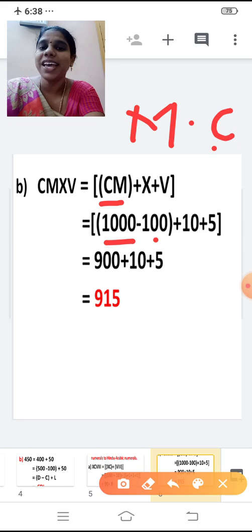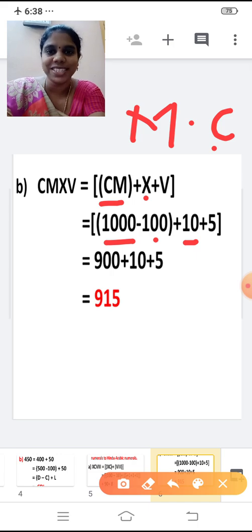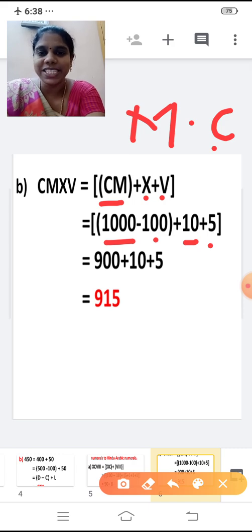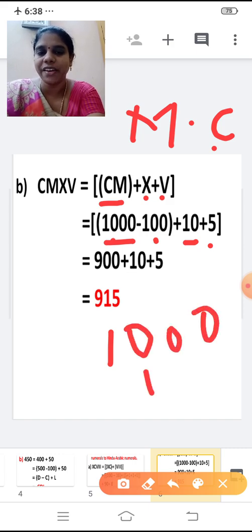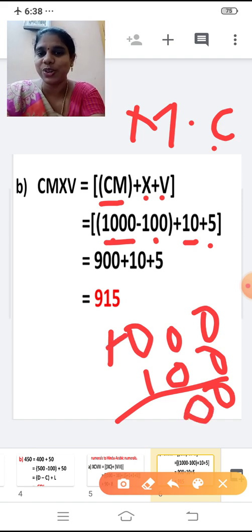M minus C is 1000 minus 100, plus, what is the value for X? 10, plus, what is the value for V? 5. Very good. Now you are going to subtract. Next step is 1000 minus 100. 0, 0. Can you subtract 0 from 1? No. Then borrow. So 10 minus 1 is 9.